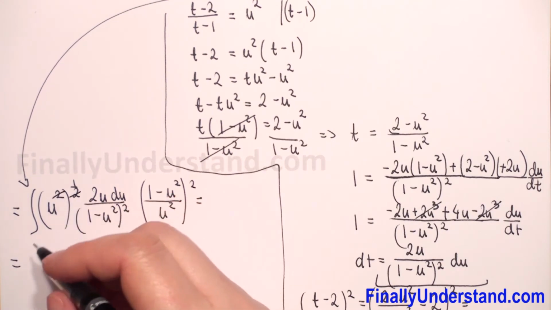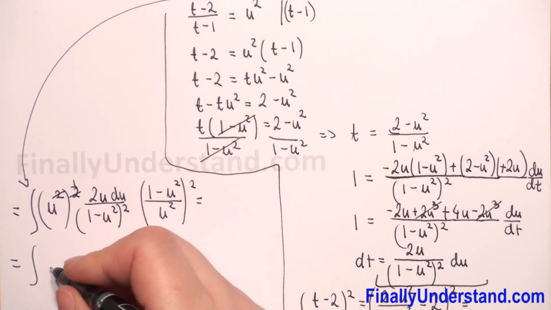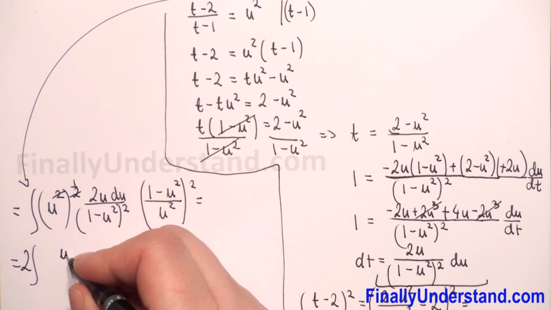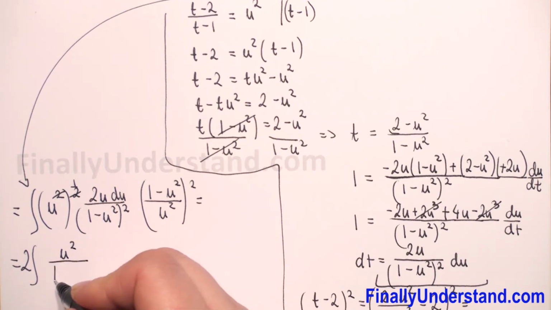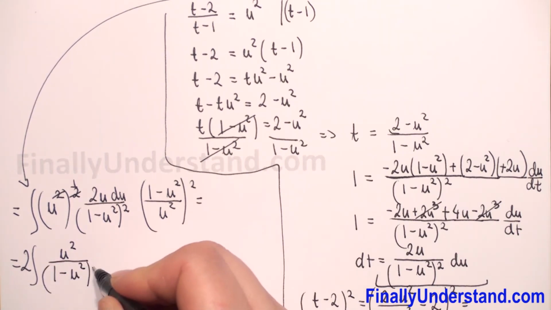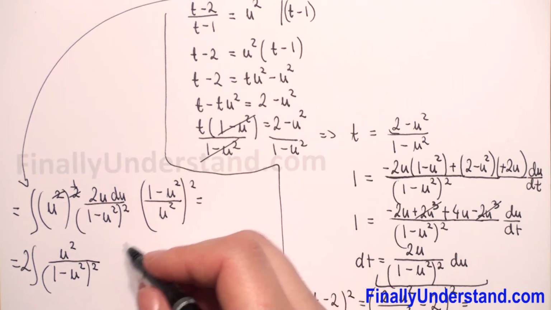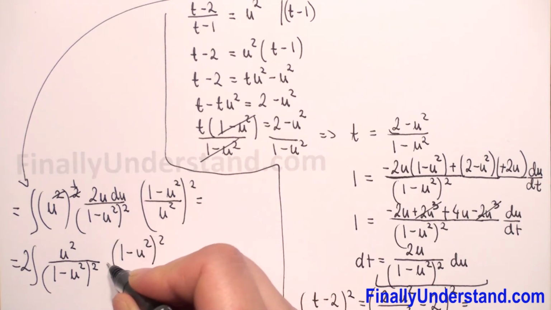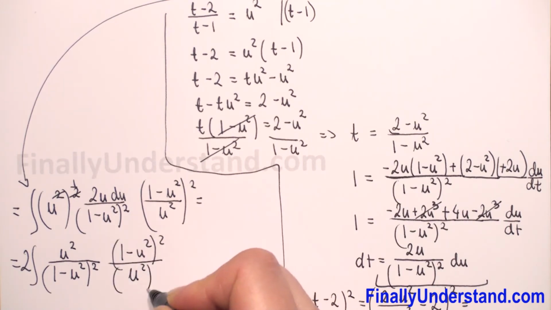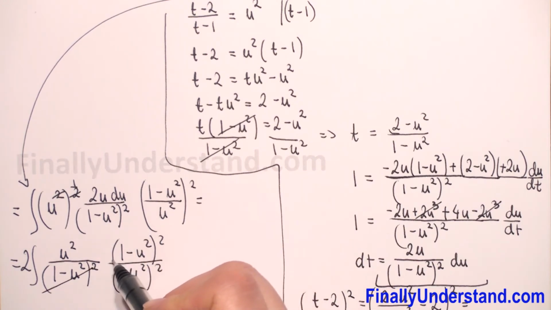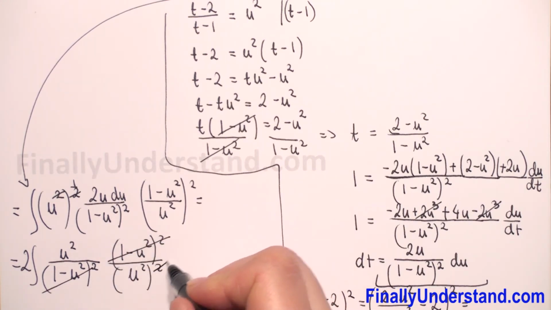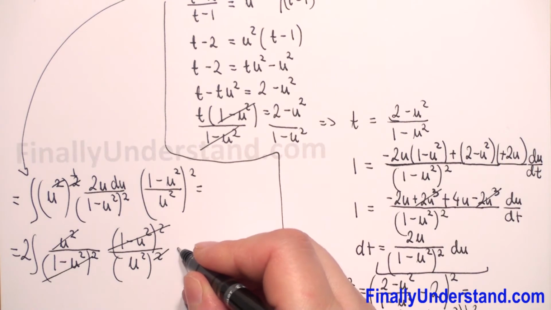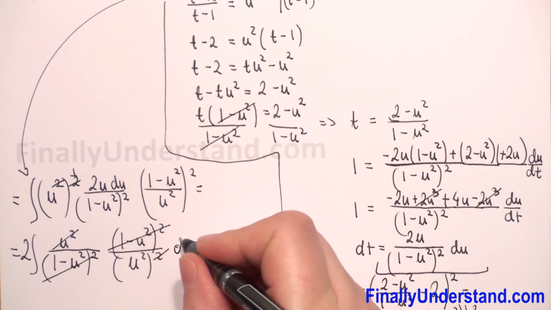So this is equal to, 2 and 2 we can reduce, and we have the integral of, 2 we can put before the integral symbol. U times u will be u square over (1 minus u square) to the second power, and we can rewrite this whole expression as (1 minus u square) to the second power over u to the fourth power. So we can reduce this whole expression and the square with the numerator u square. I forgot we have to put, of course, du at the end.